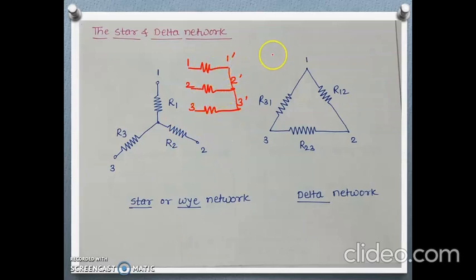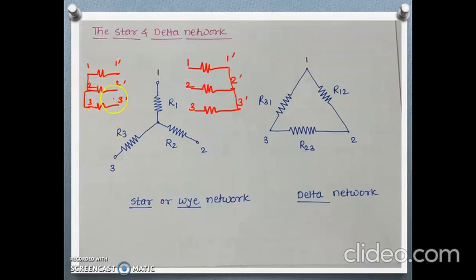It may be like this also, or suppose we have the same resistances R1, R2 and R3, with terminals 1, 1 dash, 2, 2 dash and 3, 3 dash, but here 1, 2 and 3 are connected together.